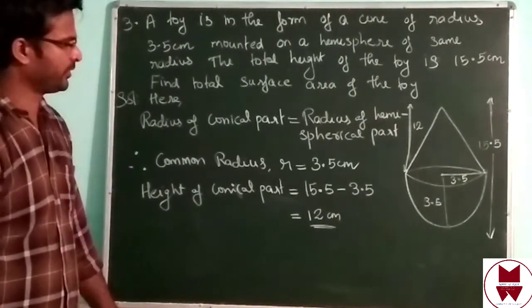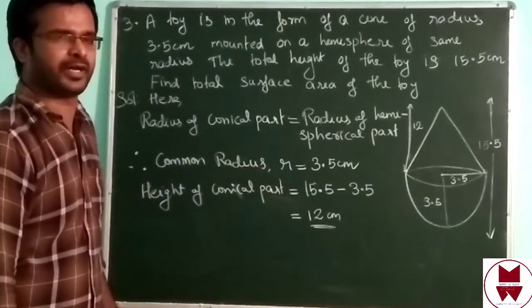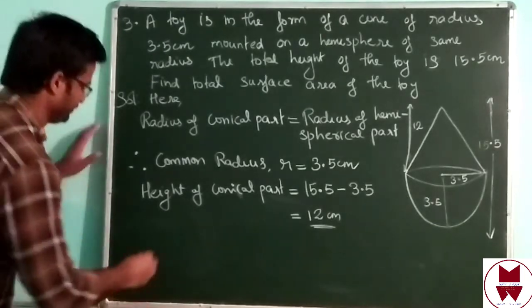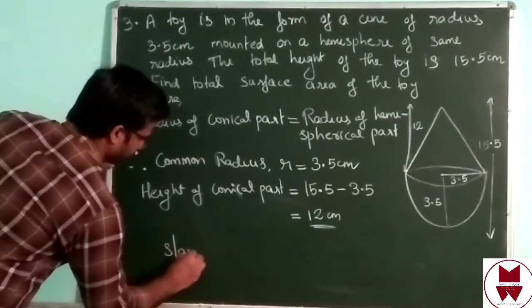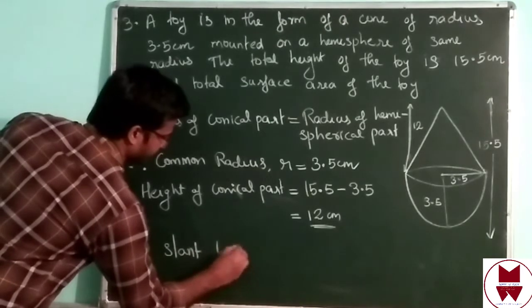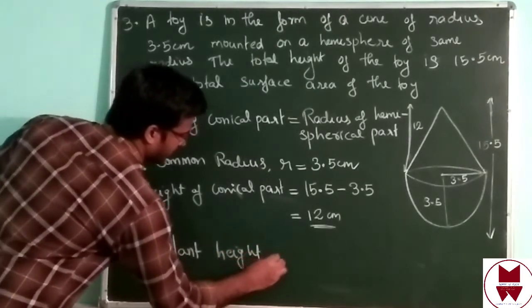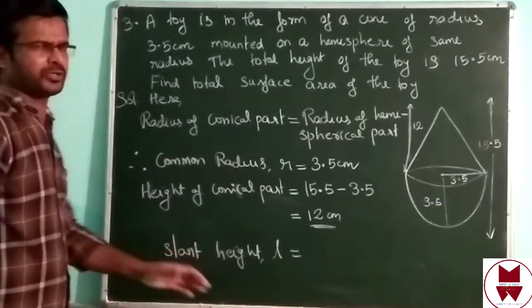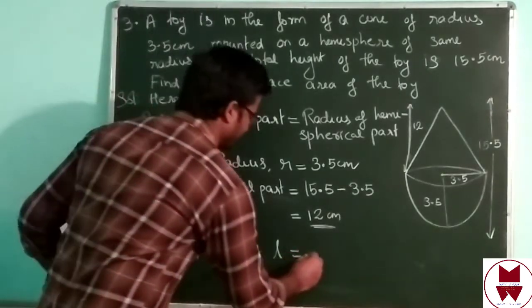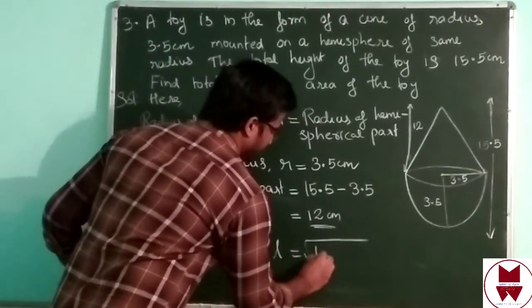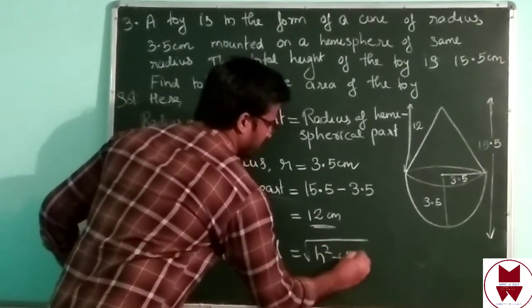Then from here we have to find out slant height. You can write slant height L equal to, which formula was studied? Slant height L equals square root of h square plus r square.